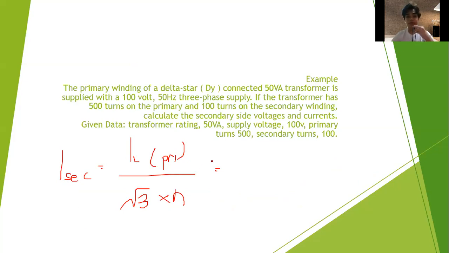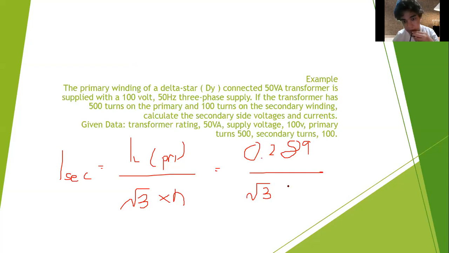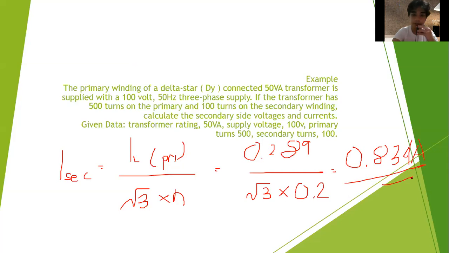So 0.289 over square root of 3 multiplied by 0.2. This will give us an answer of 0.834 amps. So this value will be the secondary current.